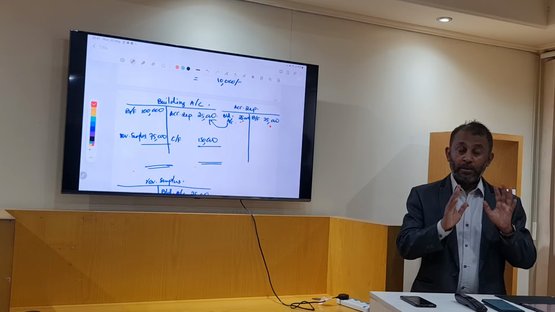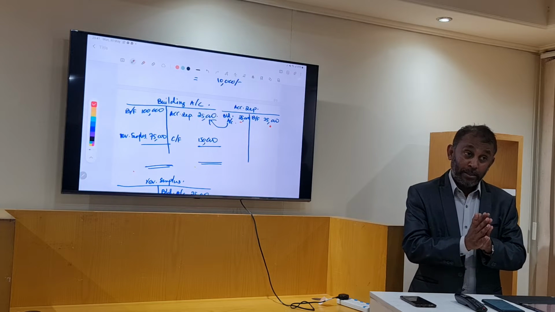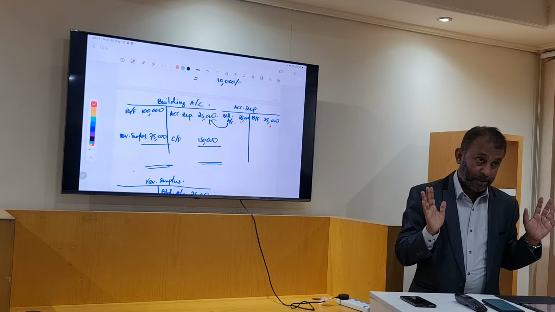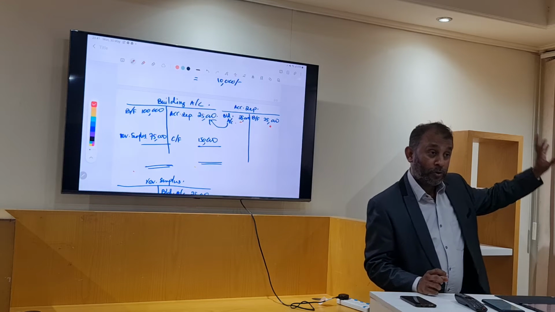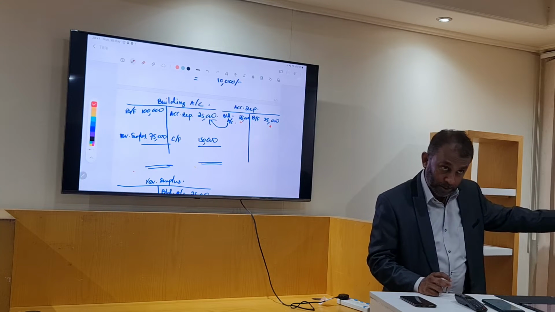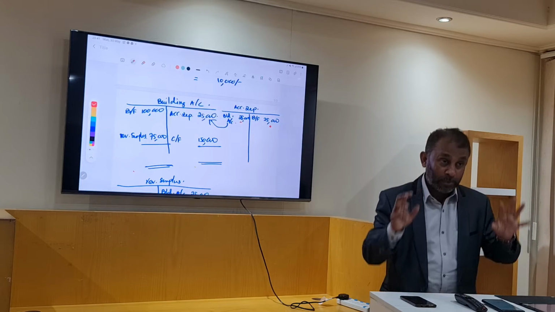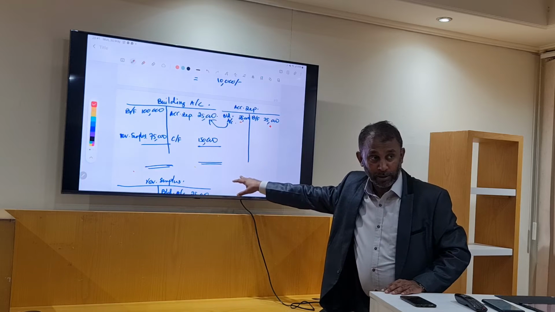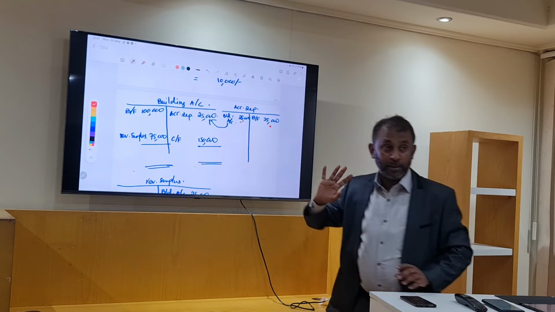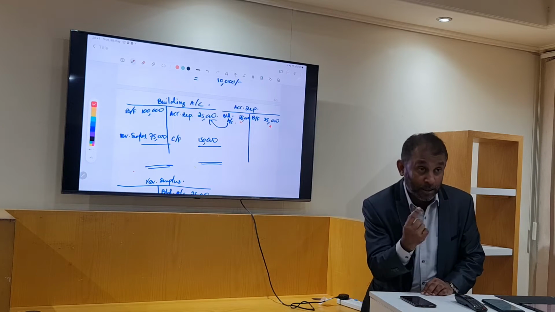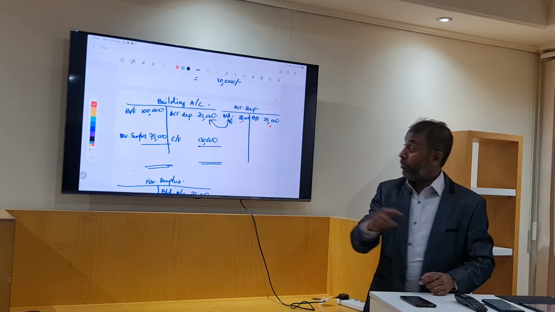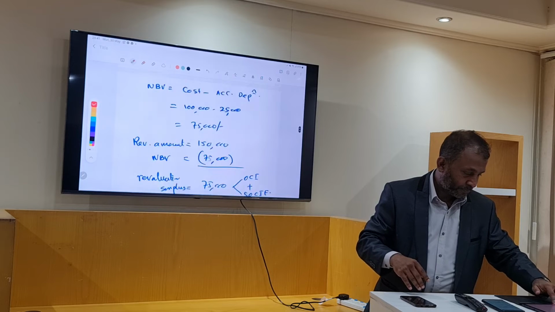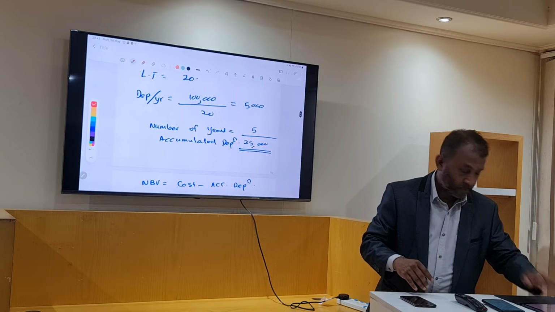See, you need to remember the accounting entry or the double entry for depreciation. What is the double entry? I should debit depreciation expense and then credit accumulated depreciation. So I am not showing the depreciation expense account here. So I am showing the accumulated depreciation account. If you think only 1 year before we do the revaluation, what was my depreciation? 5,000.